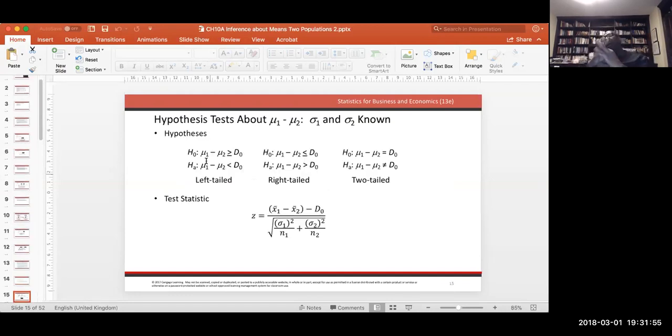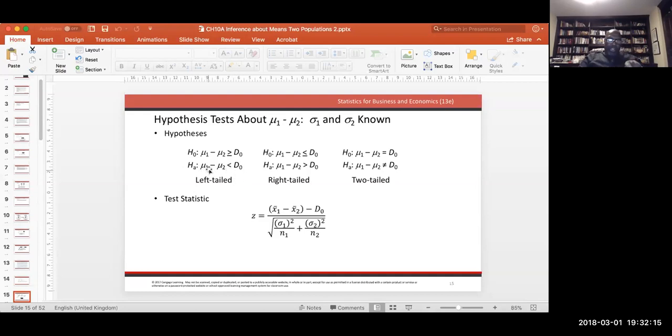So if we're testing a hypothesis about the difference between two means, for example, I could test the hypothesis that cost of living in Montreal is higher than cost of living in Halifax.